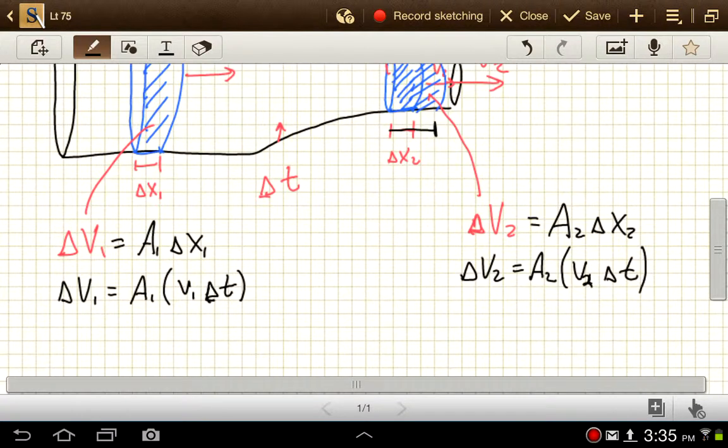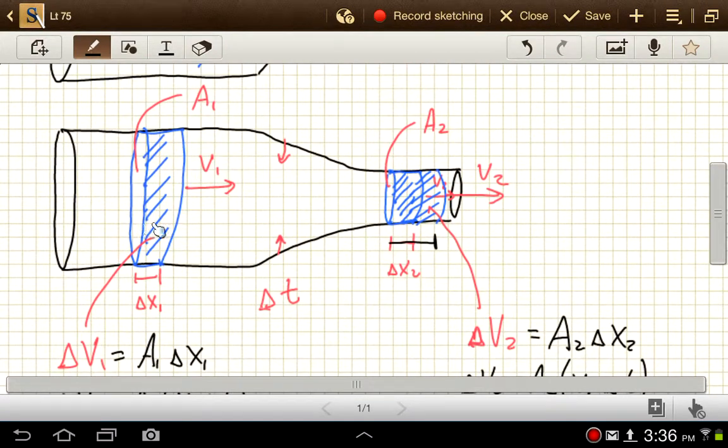Okay. So at this point, we've got expressions for the volume that has to pass through each one of these sections, and we know that since we're using the same time for each side, we must have the same volume here in section 1 as we do in section 2.